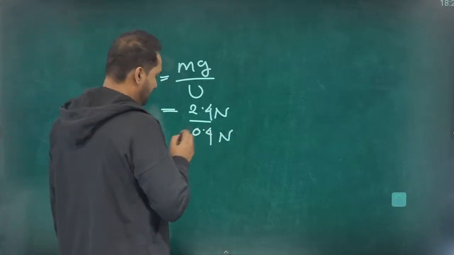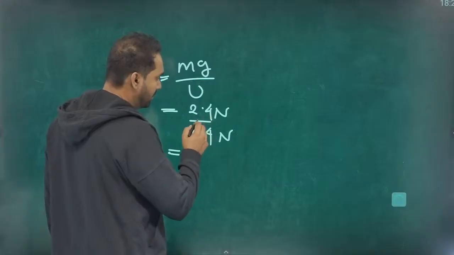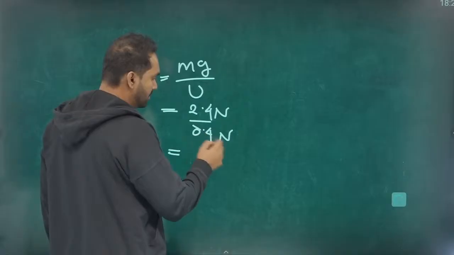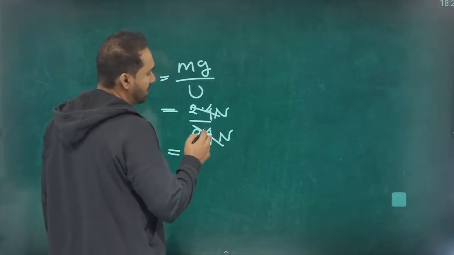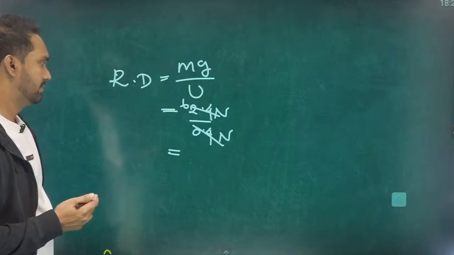So the relative density of this should be 2.4 divided by 0.4, which means 24 divided by 4, right? 4 times 6.